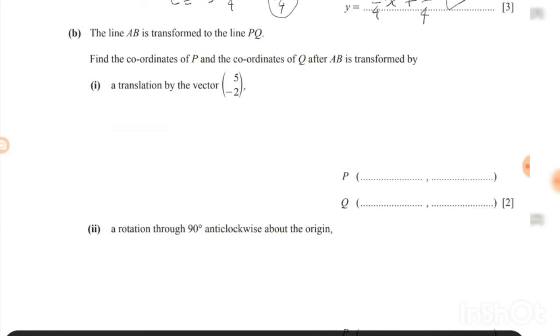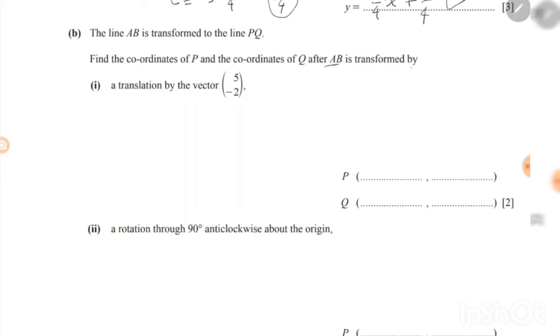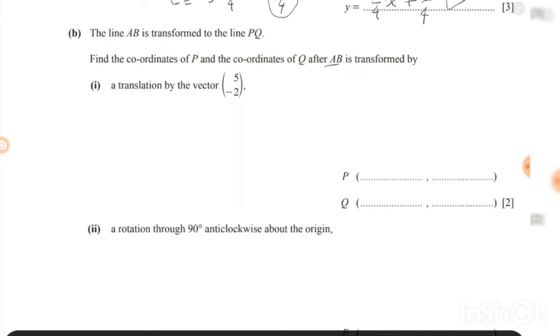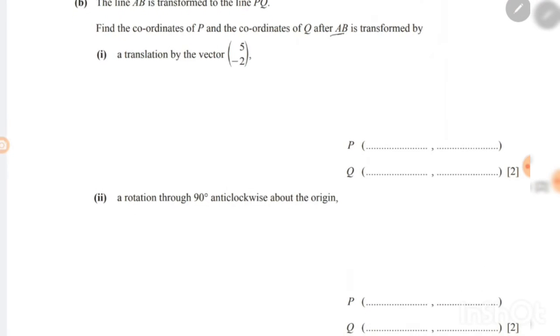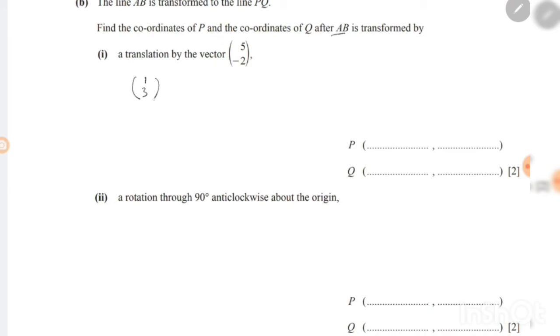Then the line AB is transformed to the line PQ. Find the coordinates of P and Q after AB is transformed by a translation by the vector (5, negative 2). So to translate this, our A is (1, 3), so we translate it by (5, negative 2), so you just add the vector.